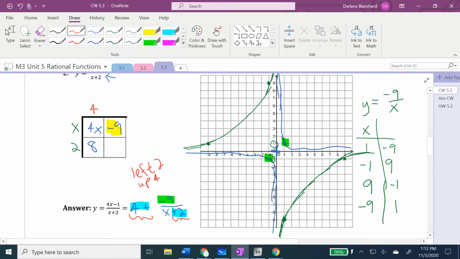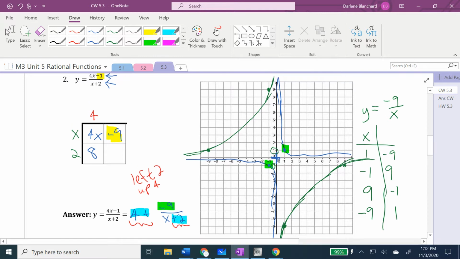Now, some of these points are going to go off grid, but you can use a little bit of estimation to figure out about where this is. So I've got 4 nice points to try to follow. So I'm going to take this one and go left 2, up 4. And I've got one of the points on my final graph. Then let's take this point, move it left 2, up 4.